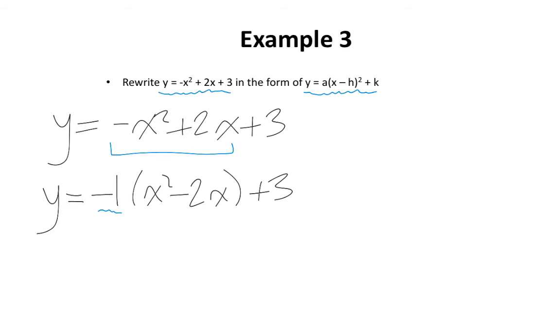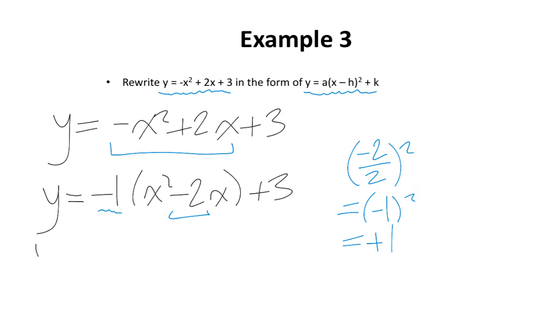At this point, you want to identify the coefficient of the term which contains x, and that is negative 2. So I'm going to take negative 2, I'm going to divide it by 2, and I'm going to square it. So negative 2 divided by 2 is negative 1, and negative 1 squared is just positive 1.